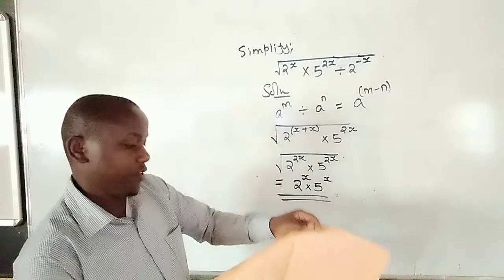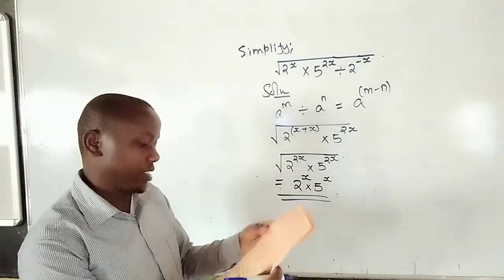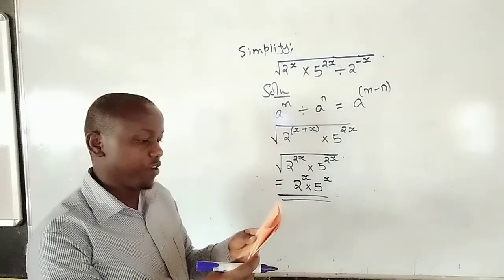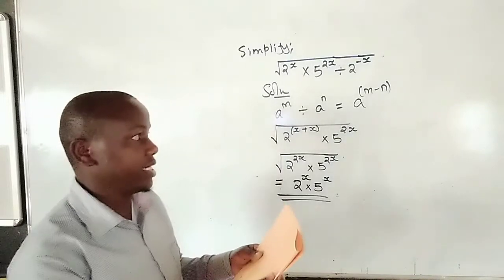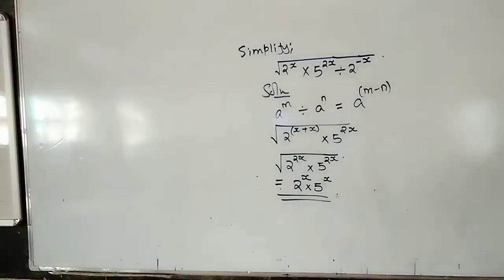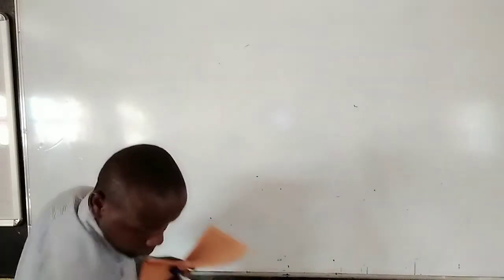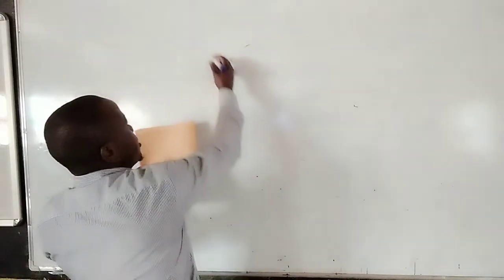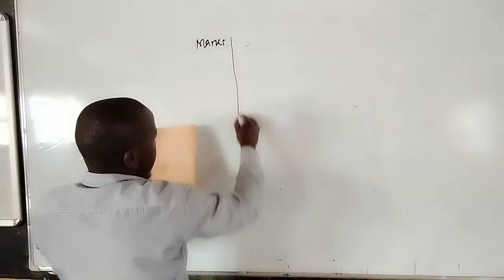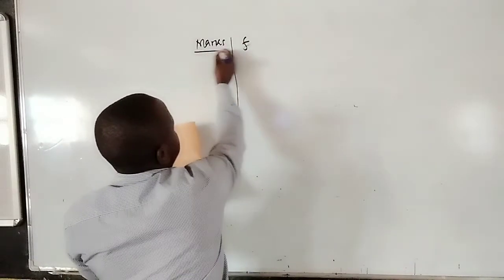The other question, number 2, is a question on statistics. The table below shows the distribution of marks scored by 50 students. We have the marks here, then on the other side the number of students, which I will call frequency.